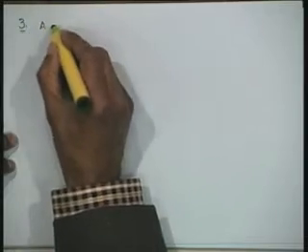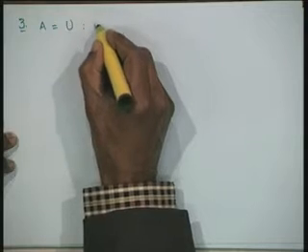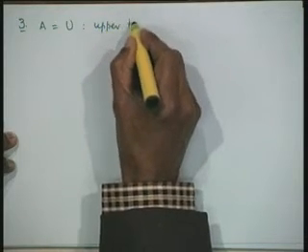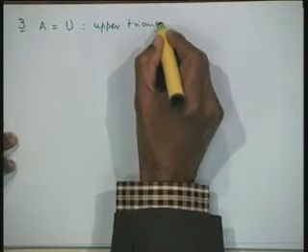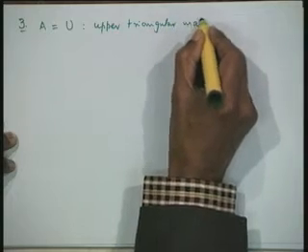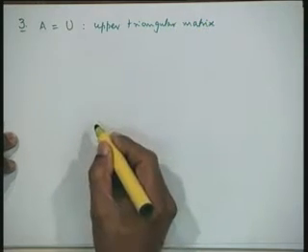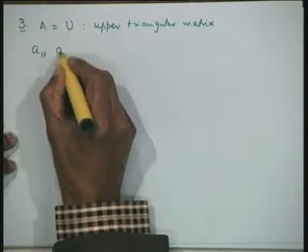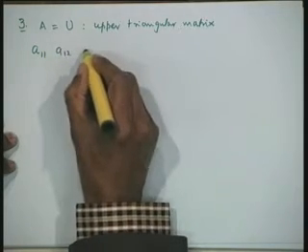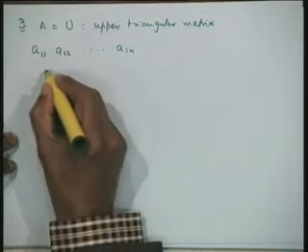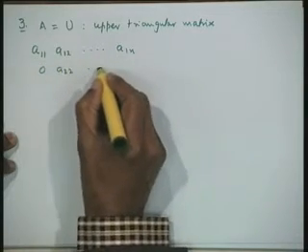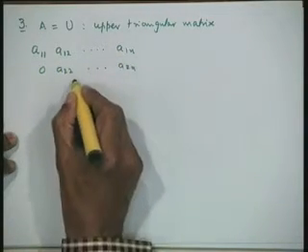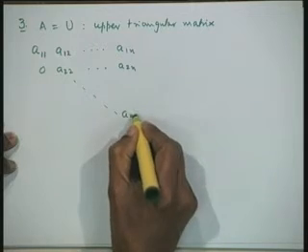Now, let us take the third case. We will take now the matrix A to be of the form U, an upper triangular matrix. Therefore, the matrix system would now look like a11, a12, so on a1n, a22, a2n, and so on up to ann.